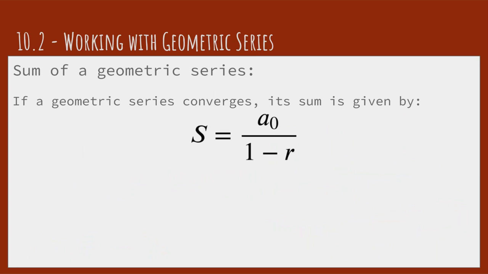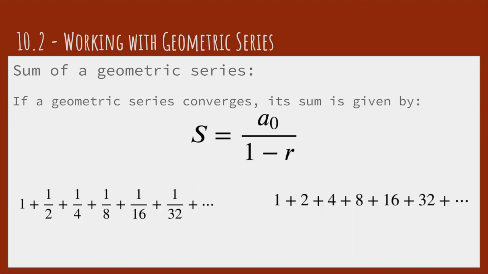To get the sum of a geometric series, we have a formula here, and this is a formula that you do need to know. Let's use it with this series right here. The first term goes on top, and in this particular series, that's 1.